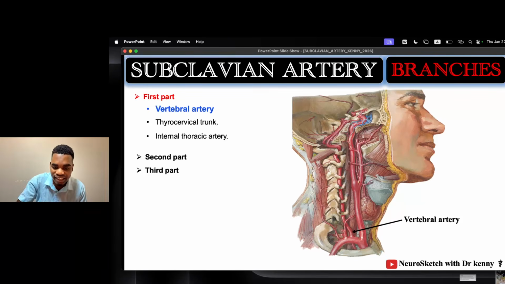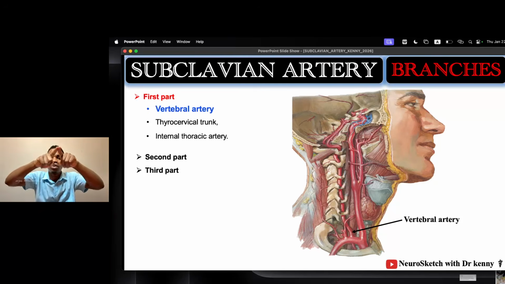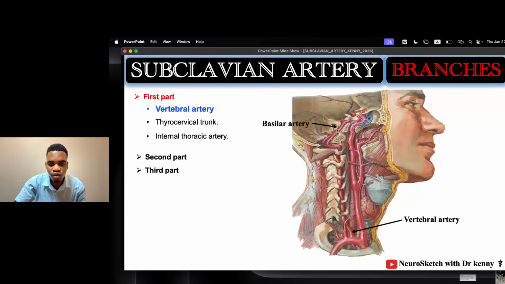It starts from the sixth all the way to the first one, and then after the first one, we have a loop of the vertebral artery here on the C1 vertebra, and the vertebral artery now goes medially to join the contralateral one. We have two vertebral arteries, one on the right, one on the left, and once they pass through the foramina transversarium, they join together to form one artery here, which we call the basilar artery.